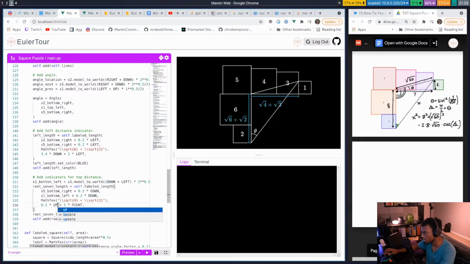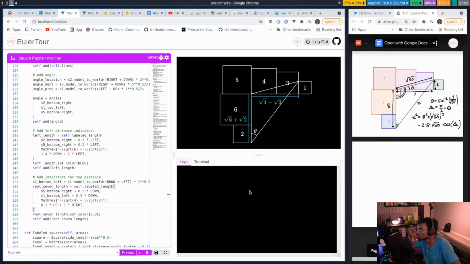Yeah, maybe just slightly up. Okay. Okay, so... I think I do want this to be offset from the center.